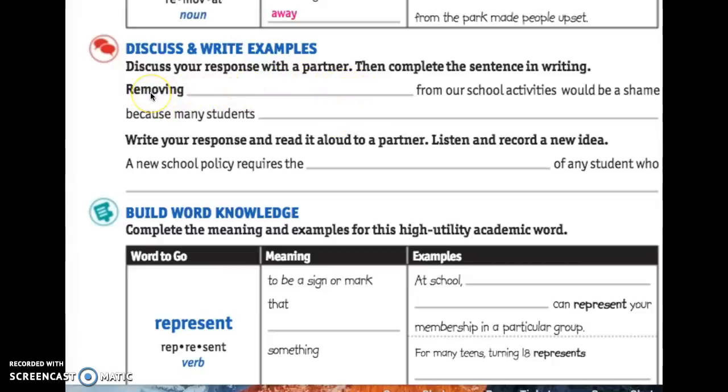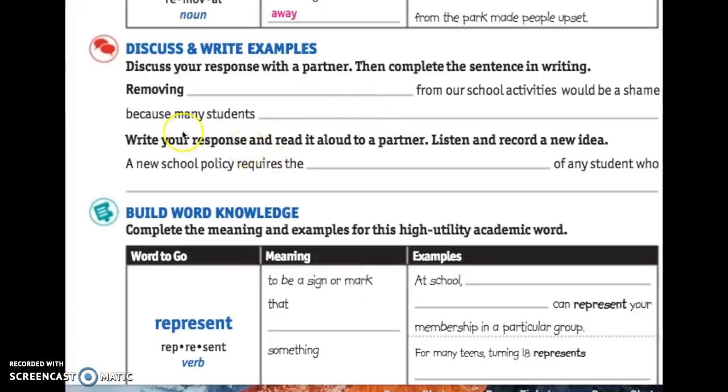This one says removing, let's say, drama from our school activities would be a shame because many students like to act or many students like to watch plays. You might want to say something like removing soccer from our school activities would be a shame because many students enjoy soccer during lunch. So go ahead and pause the video and write down your own example here.